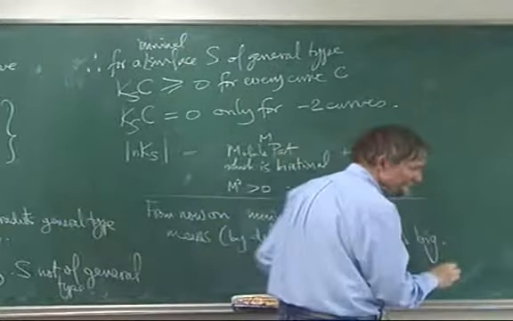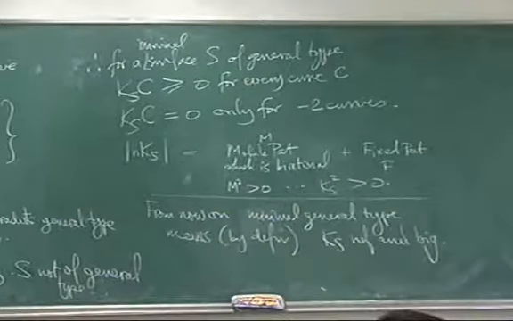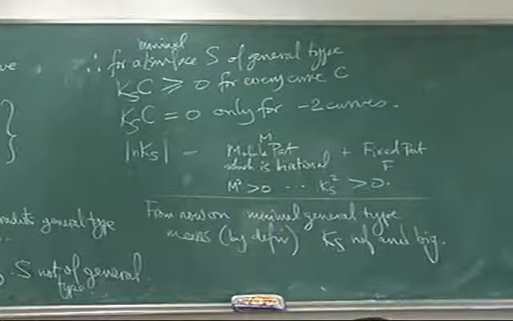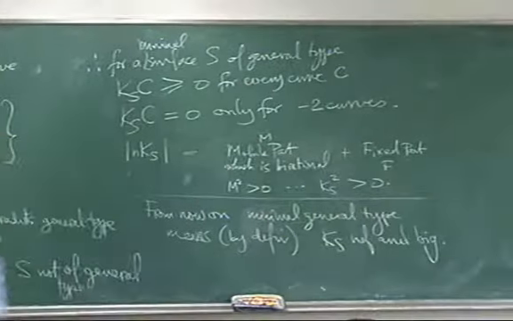So what's the difference between being of general type and Ks being big?